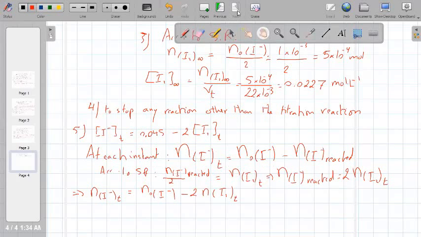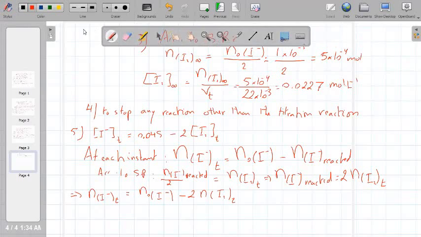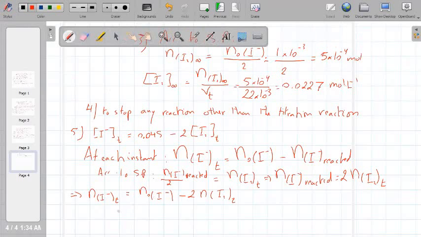Now we convert to concentration by dividing by V. This is the relation in number of moles.